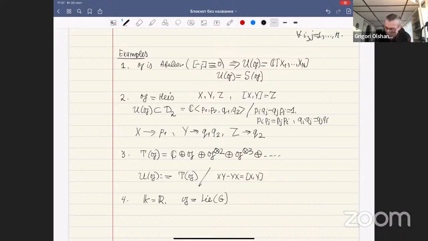Then one can show, this is the Laurent Schwartz theorem, I think it's correct.